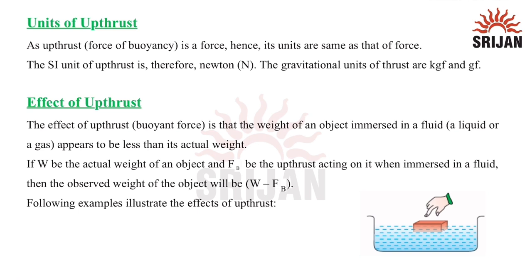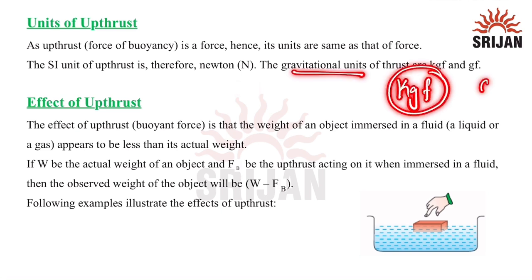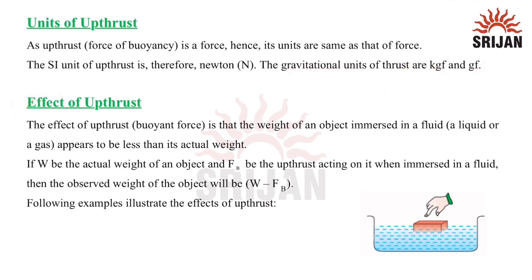Now, what is the unit of this upthrust? As upthrust or force of buoyancy is a force, the unit would be Newton, and the gravitational units would be kilogram force or gram force. Now, the effect of upthrust. The effect of the upthrust or buoyancy force is that the weight of an object immersed in a fluid, liquid or gas, appears to be less than the actual weight.